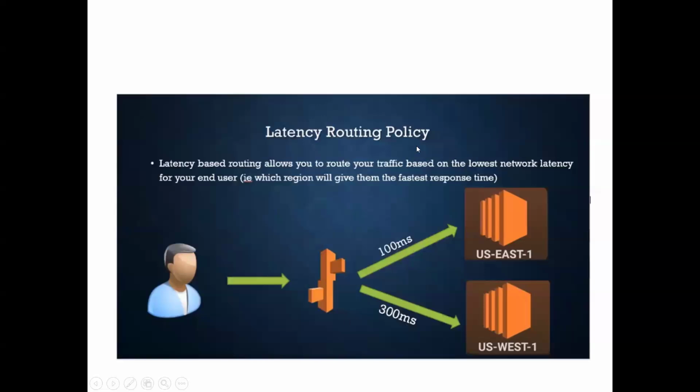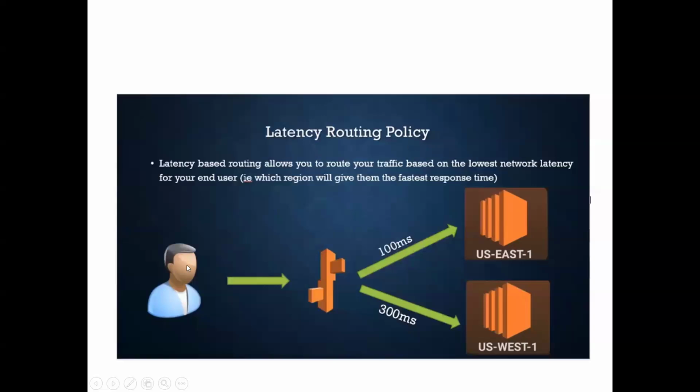So this routing policy is mainly to serve requests to customers from the locations nearest to them. Customers near US East 1 will get responses from US East 1, and customers near US West 1 will get responses from US West 1. This is called latency routing policy.